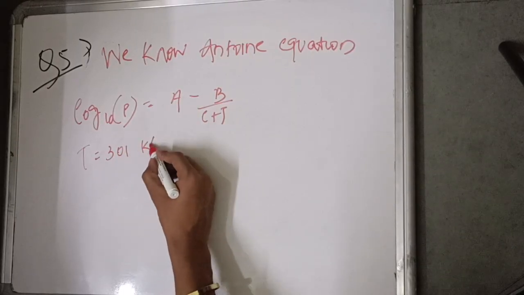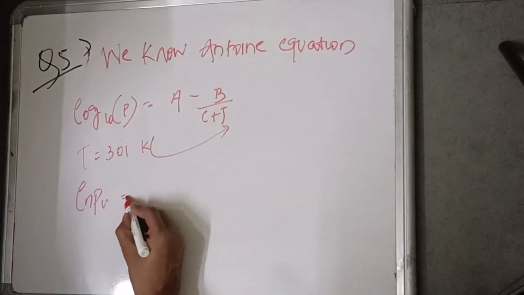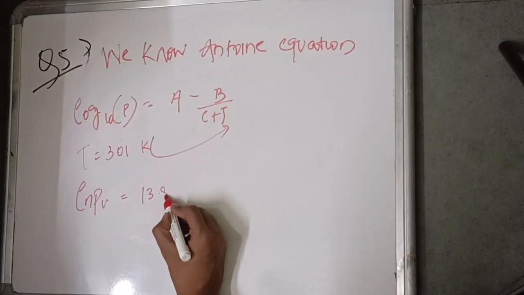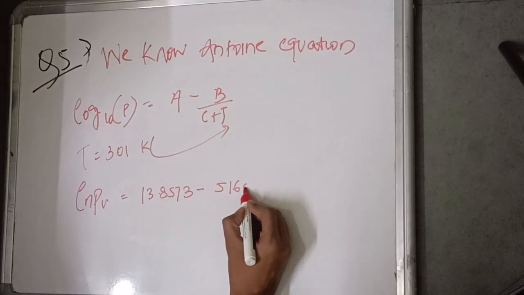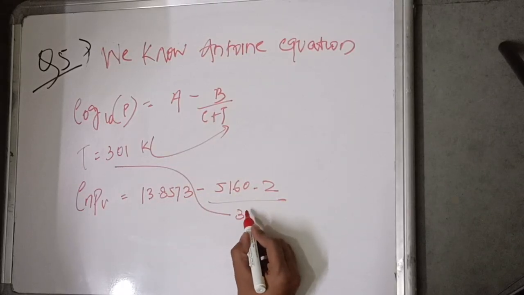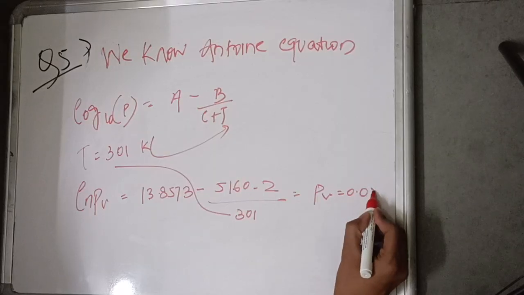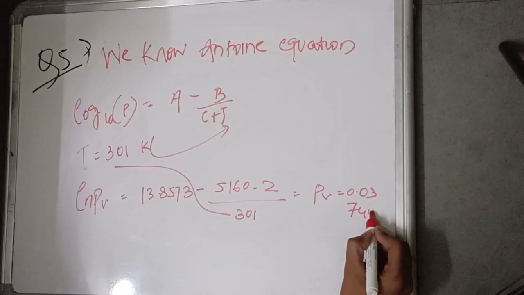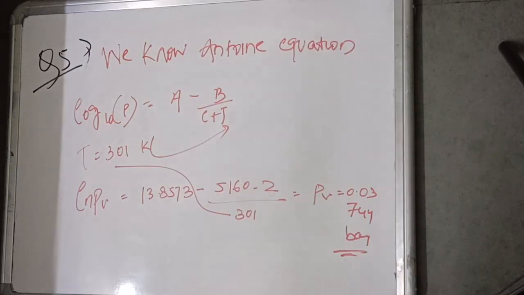Just put this temperature in this to get the value of ln P. Substituting the values of A, B and C, which are given in the question, and just putting T here, we got P_B as 0.03744 bar. We have to calculate the pressure.